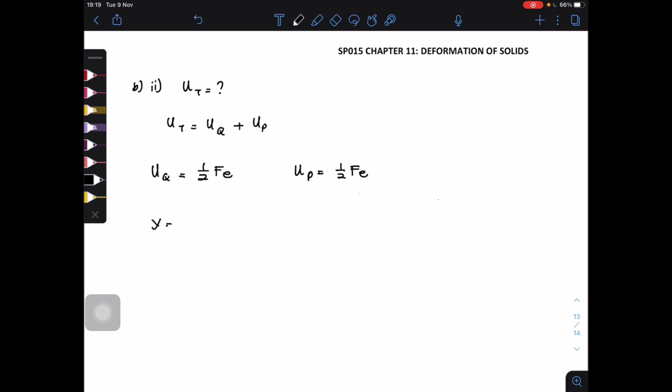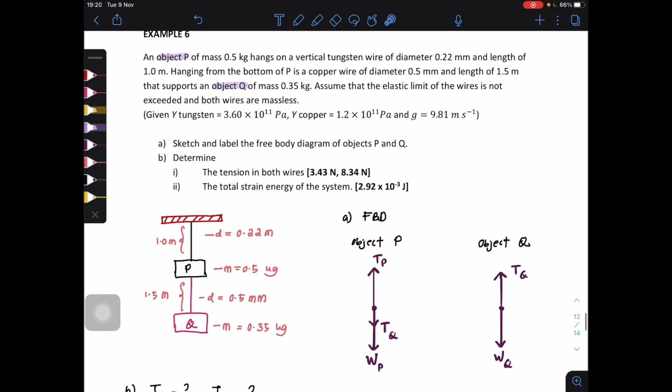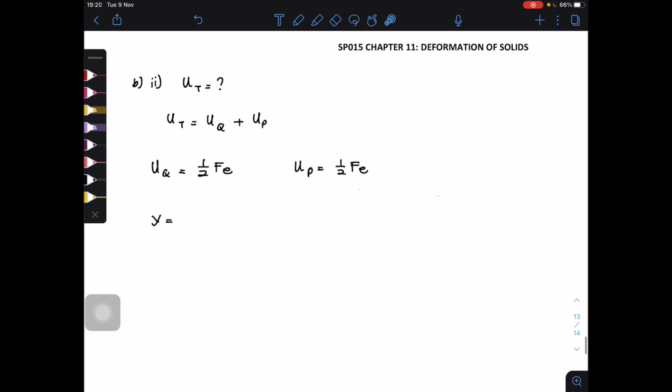Kita gunakan formula untuk Young's modulus. Okay, so since kita sudah dibagi Young's modulus for each of the material, so keluarkan dahulu untuk Q, YQ, which is equal to FL0 divided by AE.